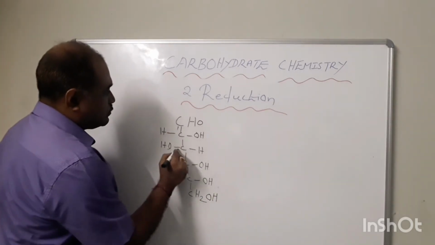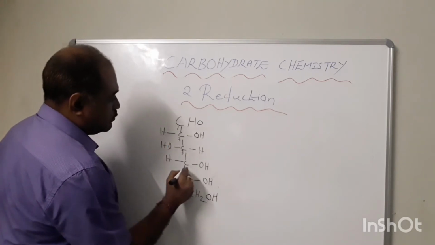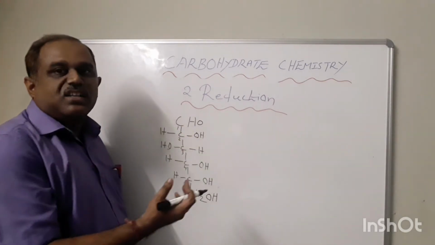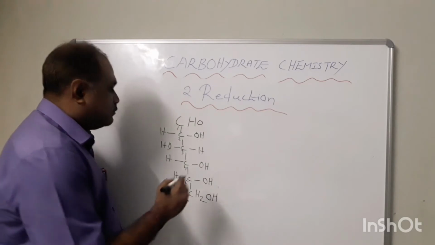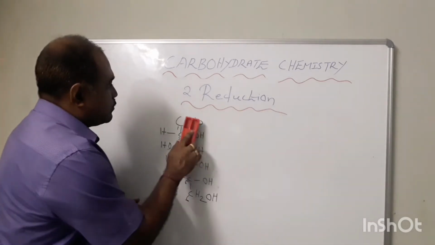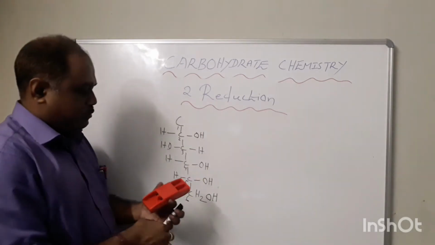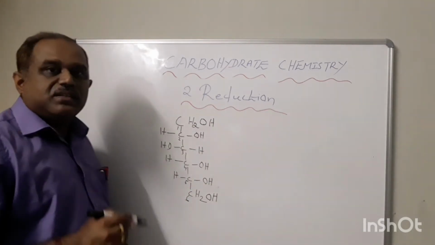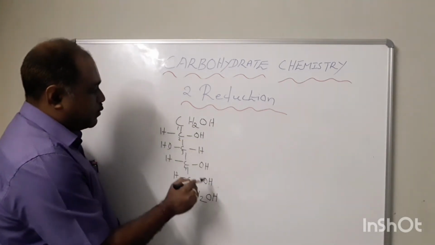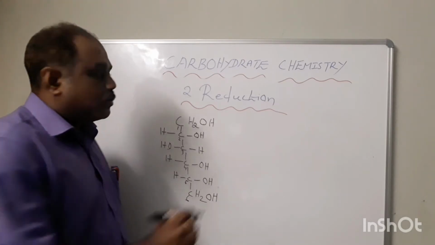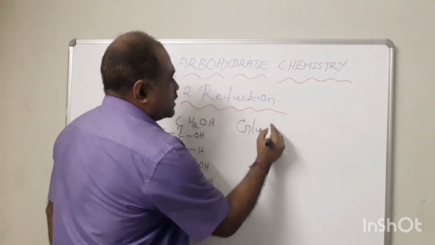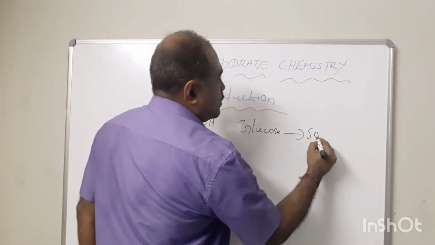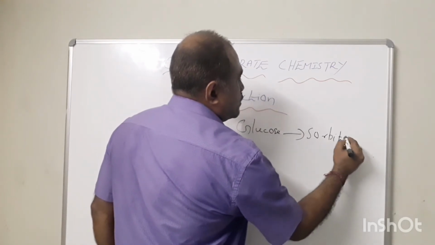For example, this is glucose. It gives the corresponding hexahydroxy alcohol. Why is it hexahydroxy alcohol? 1, 2, 3, 4, 5, 6: six hydroxyl groups. So glucose undergoes reduction to give the corresponding hexahydroxy alcohol, that is called sorbitol.